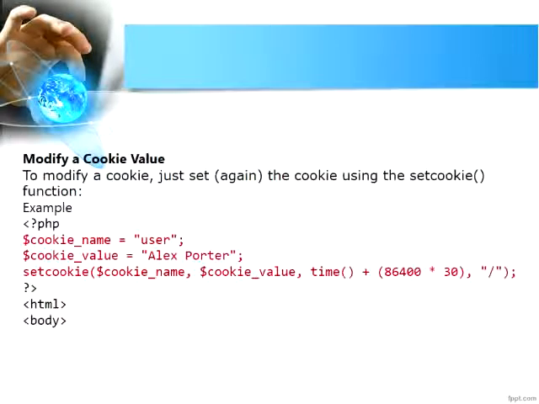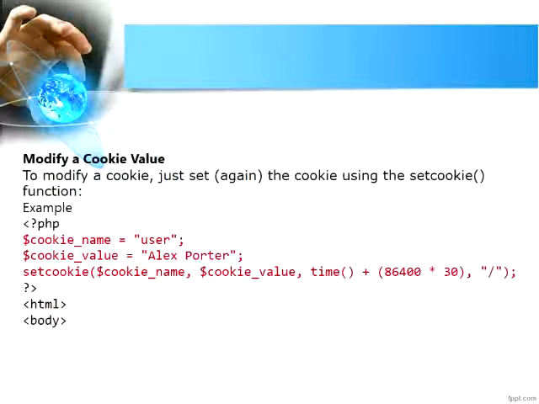So if we want to modify a cookie, just set again the cookie using setCookie. So here to update the cookie, we just use setCookie. So we will write cookie name equal user, cookie value equal Alex Porter, and after that setCookie, cookie name, comma, cookie value, comma, time plus constant, comma, and slash.